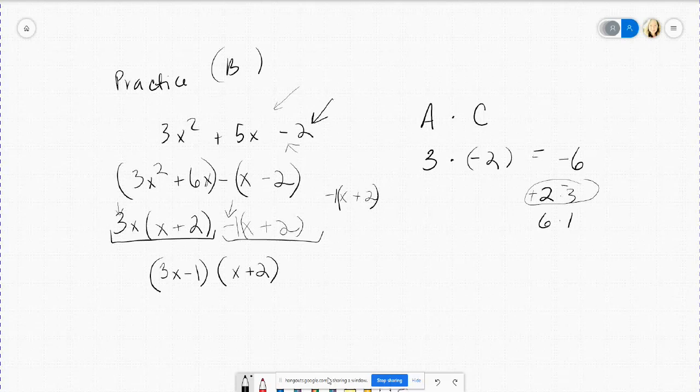Yes. And they could go in either order. All right, does that make sense? All right. Why don't you try number 7 in the lesson and see how you do.